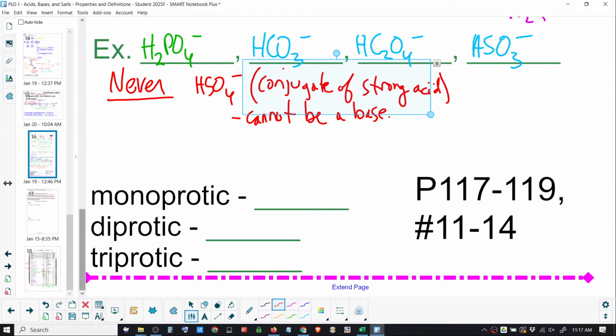Monoprotic and diprotic and triprotic are just defined by example. I will ask some people for an example. Give me a monoprotic acid, please. Portia. A monoprotic acid. Monoprotic. One.